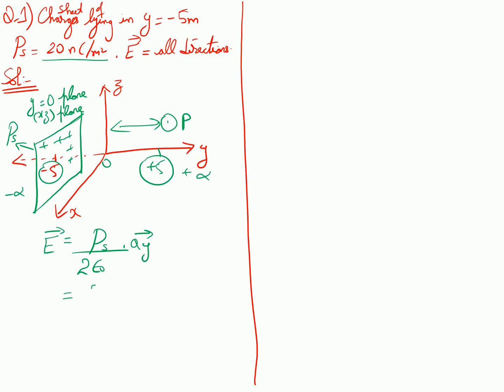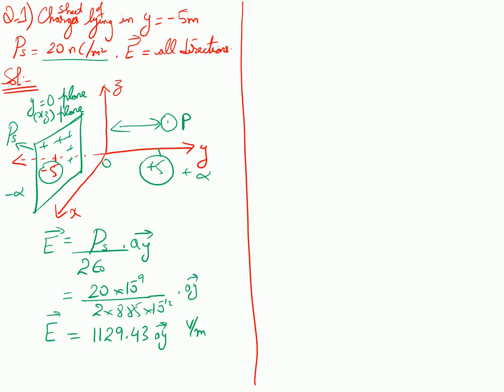So the value comes out to be 20 into 10 raised to power minus 9 coulomb divided by 2 into 8.85 into 10 raised to power minus 12 along a_y. The answer which I am getting is 1129.3 along a_y volts per meter.